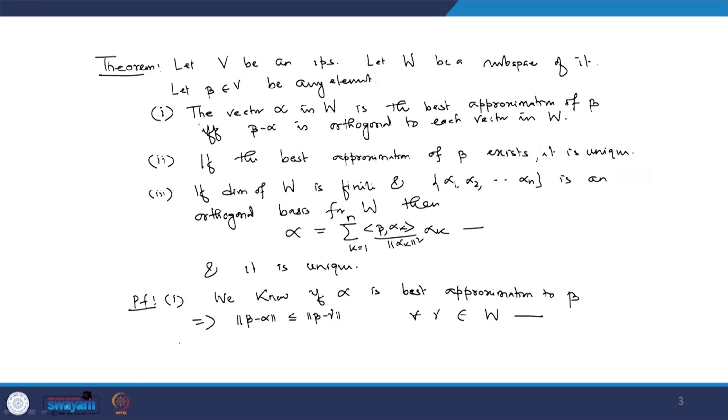So, this is given to us. Now, this definition is known.